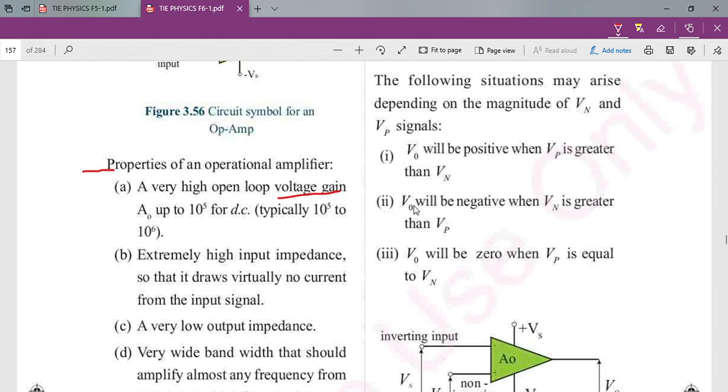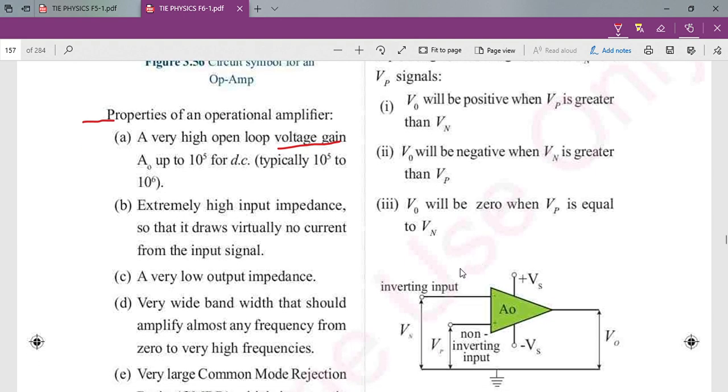Now note the following: you know the inverting input, non-inverting input, and the voltage output. This is the positive voltage supply and this is the negative voltage supply.